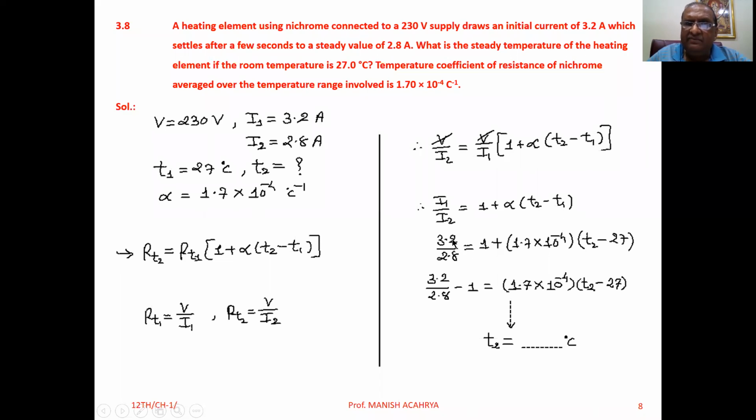So I1 is 3.2, I2 is 2.8, equal to 1 plus alpha, that is 1.7 into 10 raised to minus 4, into bracket T2 minus 27. So 3.2 upon 2.8 minus 1 is equal to 1.7 into 10 raised to minus 4 into (T2 minus 27). Now solve this one, make T2 the subject of the equation, you will get the answer. Clear to all of you?